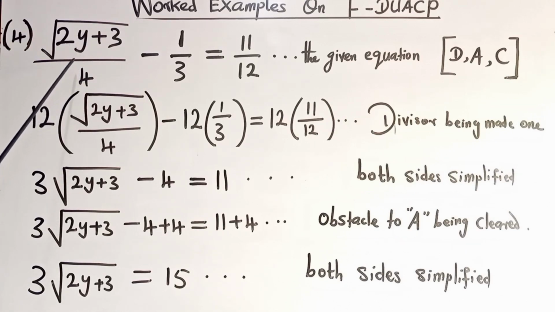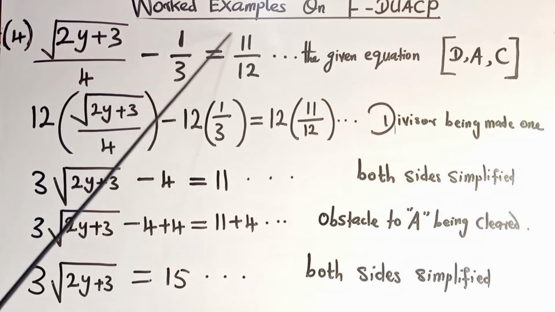So what is the LCM of 4, 3, and 12? It is 12. So to clear the divisors and make them become 1, we multiply each term of this equation by that LCM. This equation has 3 terms already. This is 1 term, this is 1 term, this is 1 term. So there are 3 terms here.